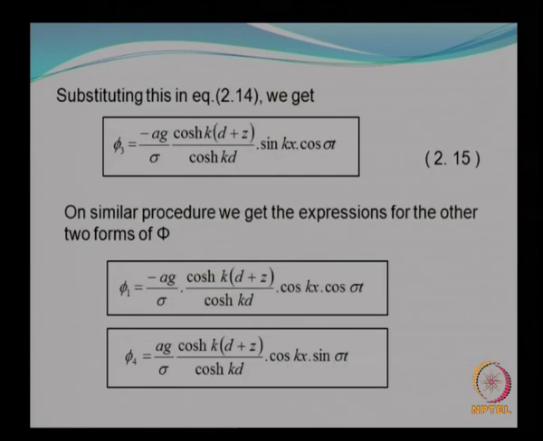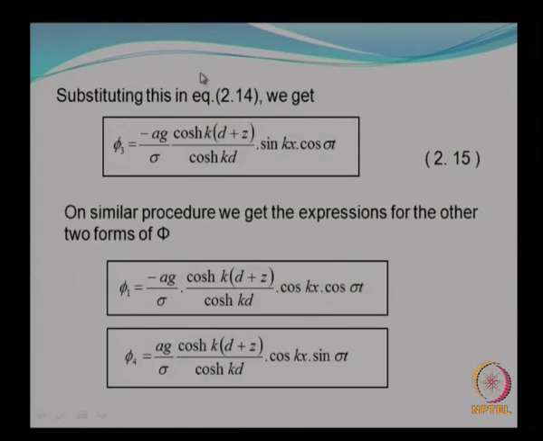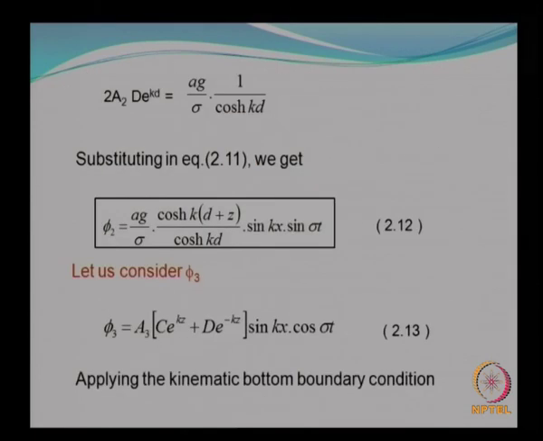And then when I use this, I can easily solve for phi 3. So you see that the procedure is quite straightforward in order to get the velocity potential phi 2 and phi 3.